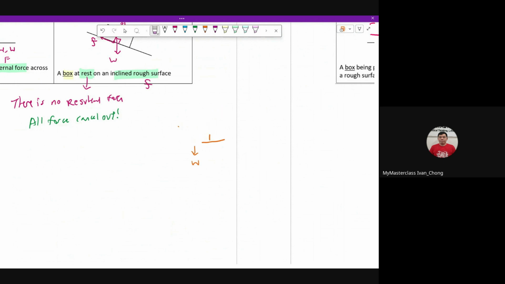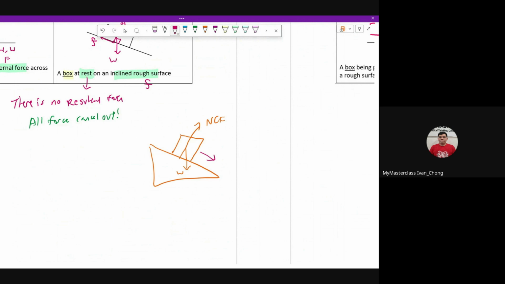But if your object was sitting on a slope, your weight is downwards and your normal contact force is like this. This weight will cause your box to slide downwards. If there is no friction, this box will slide down.